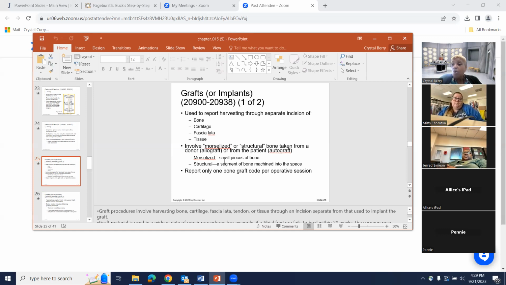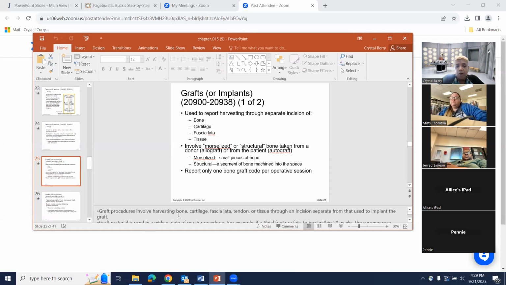So this is when a donor is providing this tissue for you, or it comes from the patient: autograft is the patient, allograft is a donor. Morselized is small pieces of bone; structural is a segment of bone machined into the space. Report only one bone graft code per operative session.